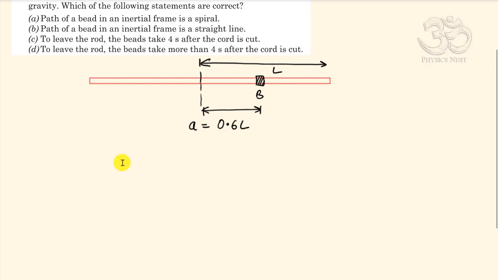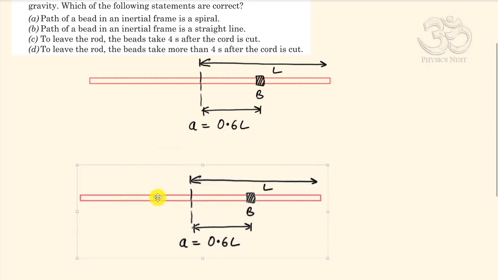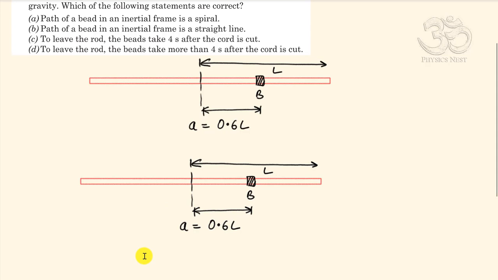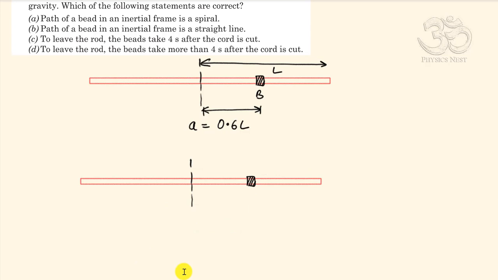After the string is cut, B starts sliding out. So at any given moment later, the system is going to look like what I am drawing here. This object B is at a distance of small l away from the center now, and its motion is analyzed by an observer who is standing on the rod at exactly the same place.